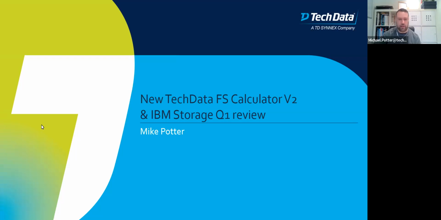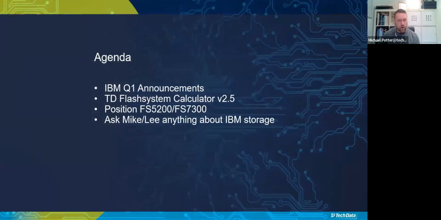So quickly moving on, our agenda today. Quickly going to go through the Q1 announcements. Hopefully you've seen them. If you've not, this will be a whistle-stop tour of what they're all about. Then we'll go into what is really the meat of the call, which is the Flash System Calculator version 2.5. We've got a few major additions to the calculator tool.